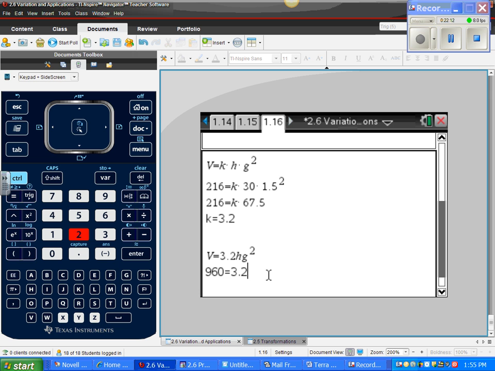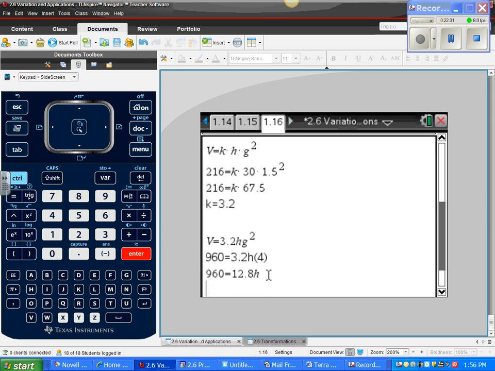We don't know the height, and we know the girth is 2 squared in this case, so we can say 4. So we get 960 equals 12.8 times the height. And when we divide that over, we get a height of 75. And that, of course, is in meters.